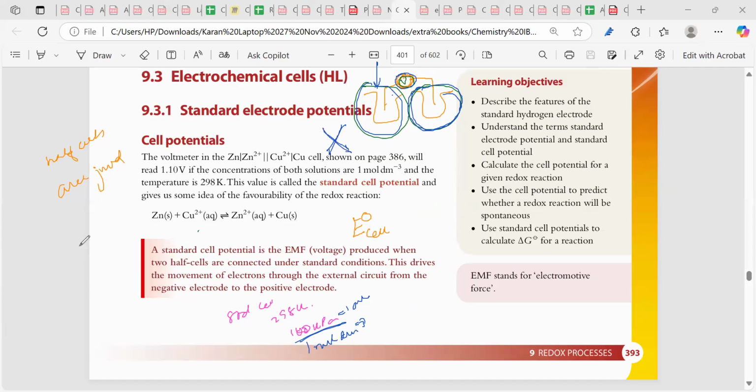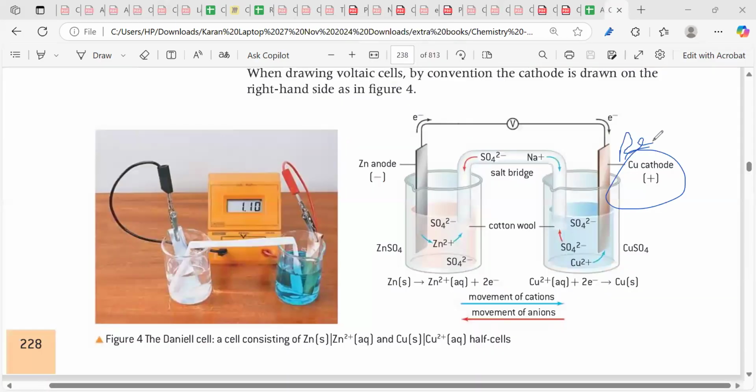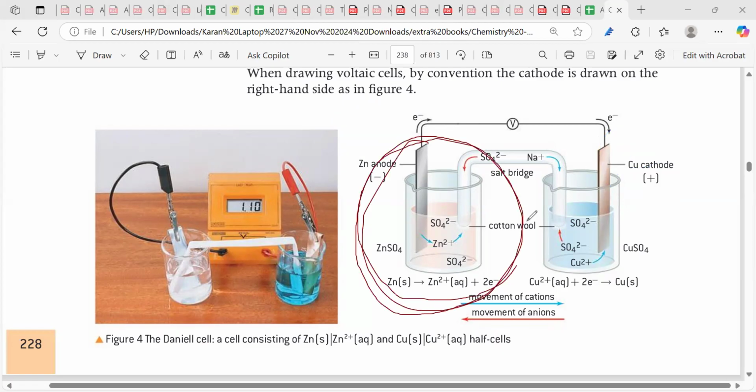Because we learned just now that whenever we take a Voltaic cell, there must be a reduction happening along with oxidation. So we cannot find out the standard electrode potential of any half cell in standalone conditions.